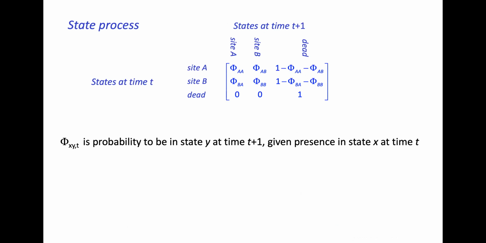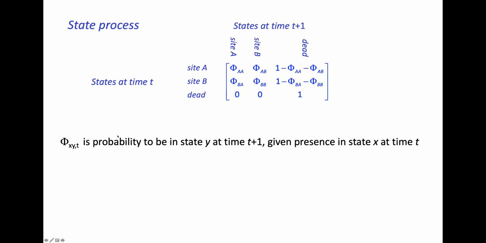To build a model, we need some quantities, some parameters we need to define. So we're going to write down the state process with this parameter here, this big phi, which is the probability of being in state y at t plus 1, given that you were in state x at t, at the beginning of the interval.